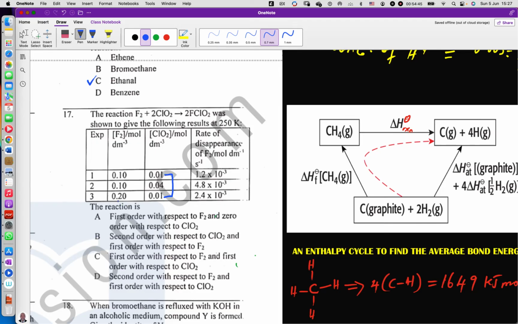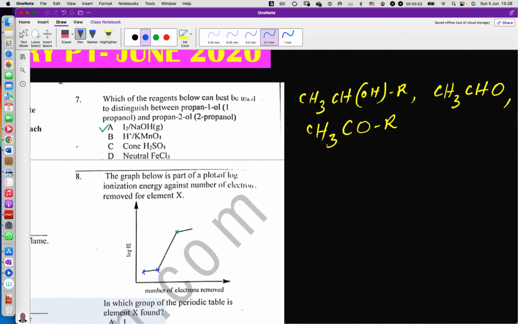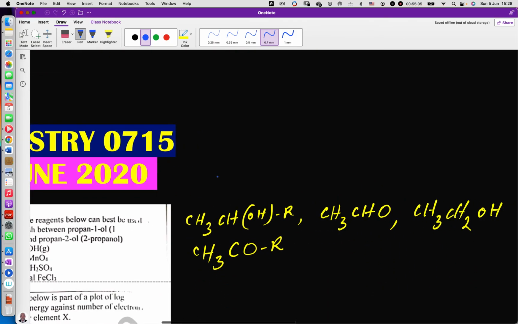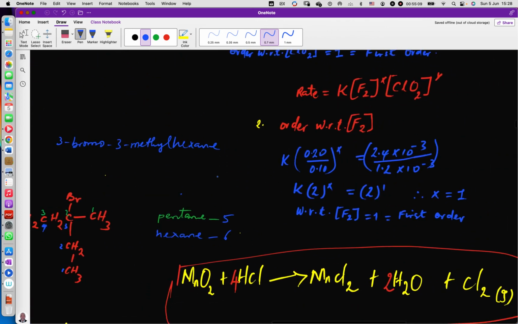So it will be 0.20 divided by 0.10 to the power x equals 2.4 times 10 to the minus 3 divided by 1.2 times 10 to the minus 3. This is how we get our corresponding rate.